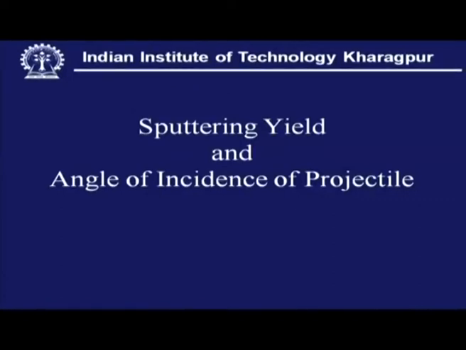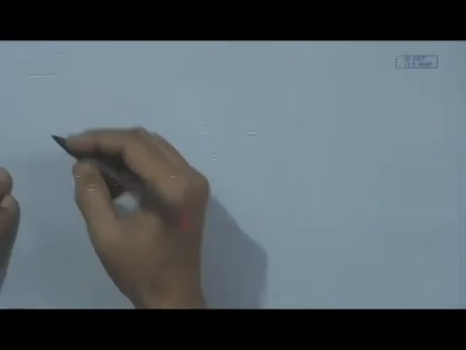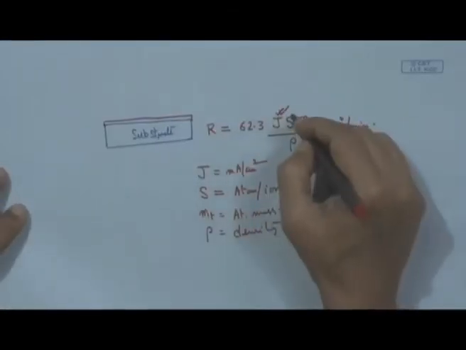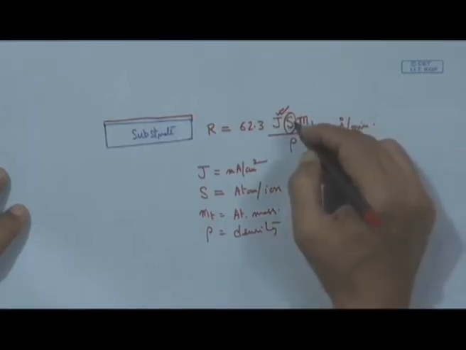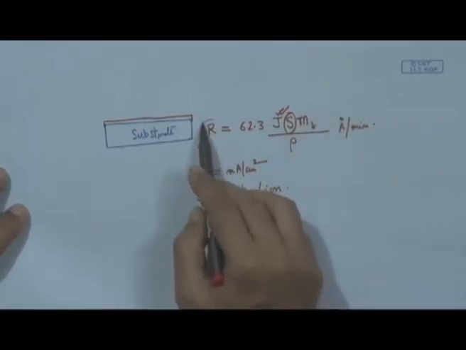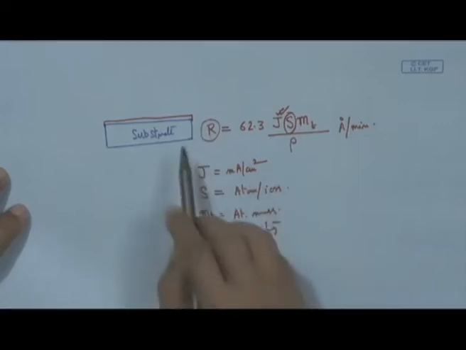Sputtering yield and angle of incidence of the projectile. Now, this is also important. From this relation we see that the sputtering yield is a determining factor for this growth rate.